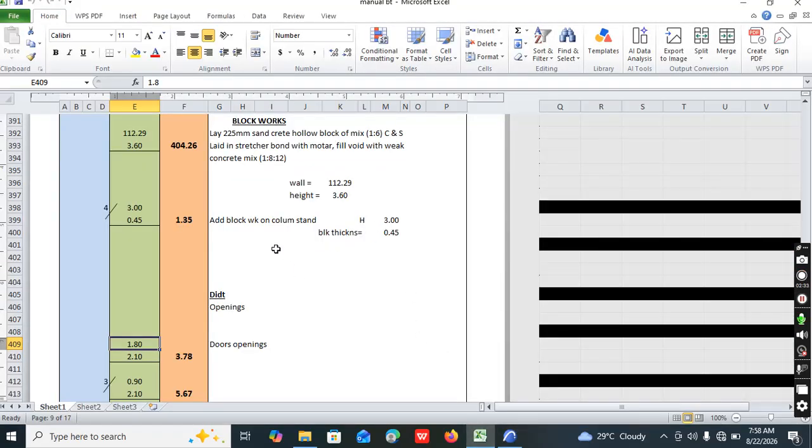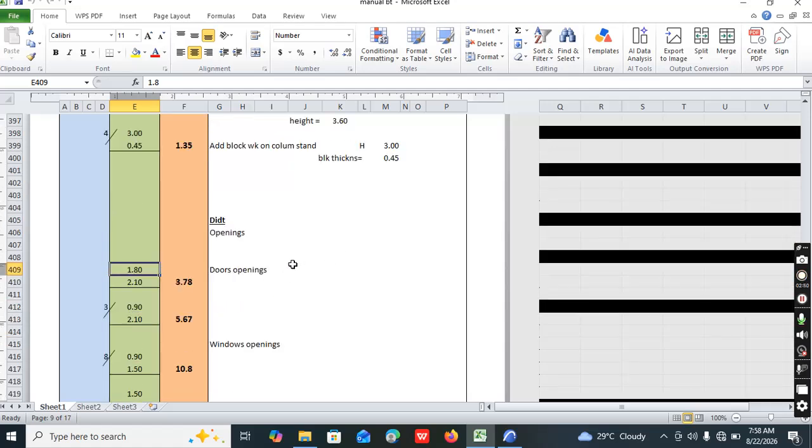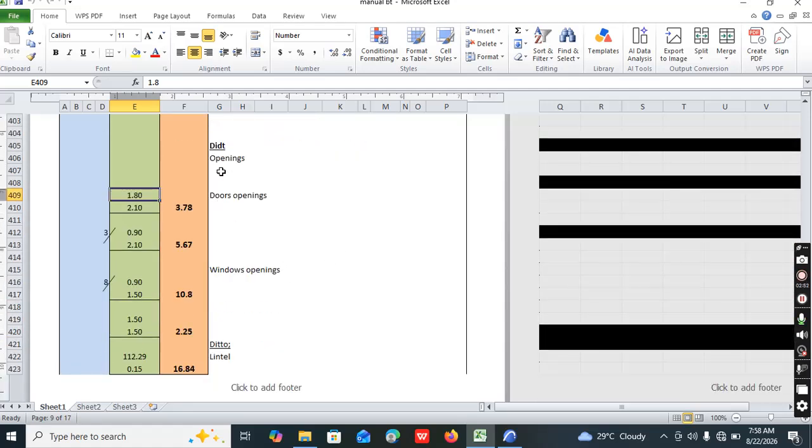From here we have understood how I was able to derive the height of this wall, and also the thickness of the wall. This is from that shootout that I showed on the screen from ArchiCAD. So now we are deducting the openings.